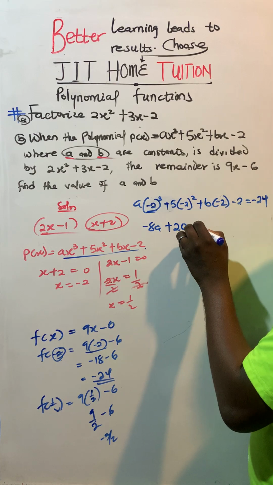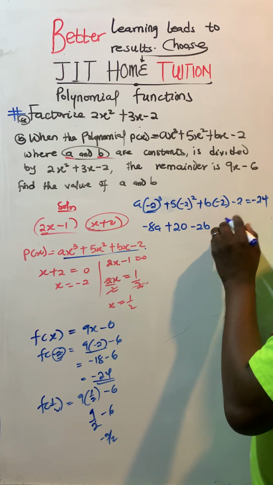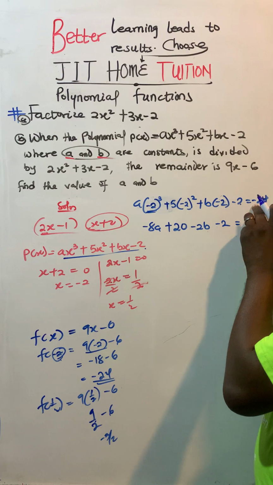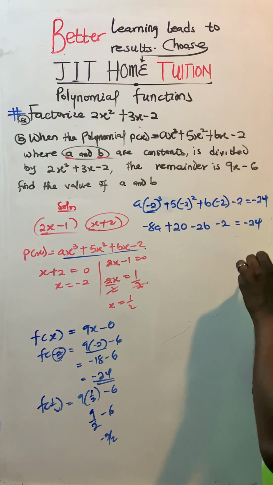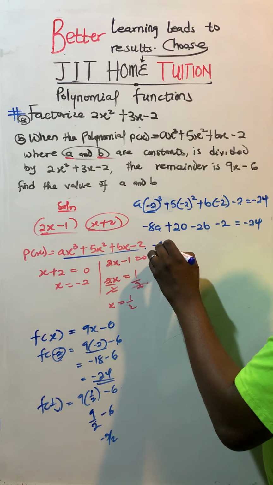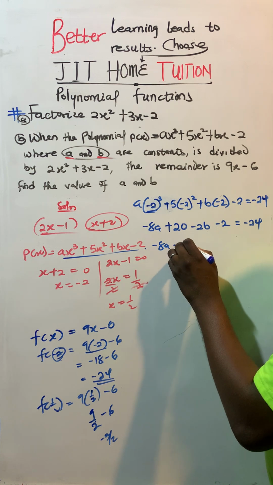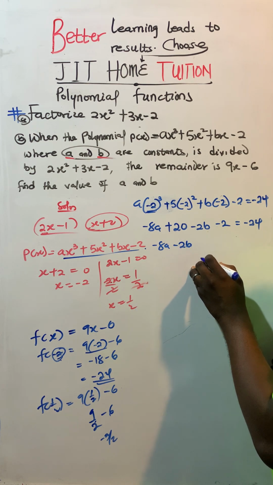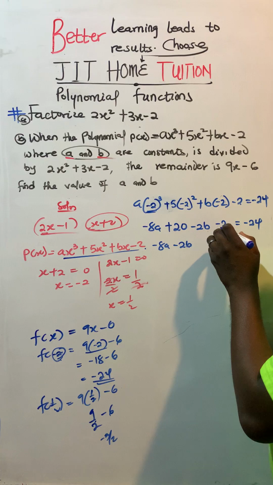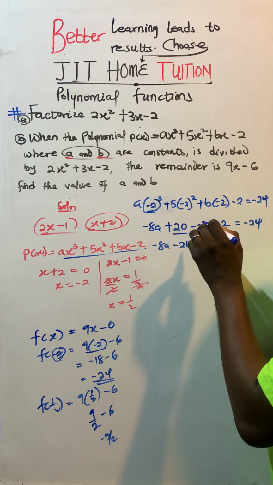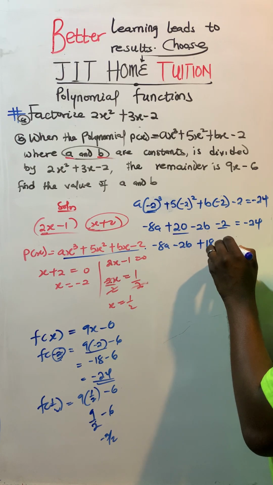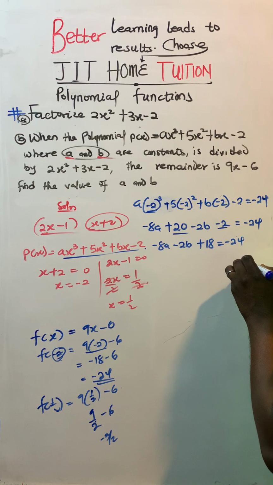Then what you have here will give you -2b. Then you have -2 equal to -24. So you have -8a, -2b, okay? And this one is positive. It will reduce this one to plus 18 equal to -24.